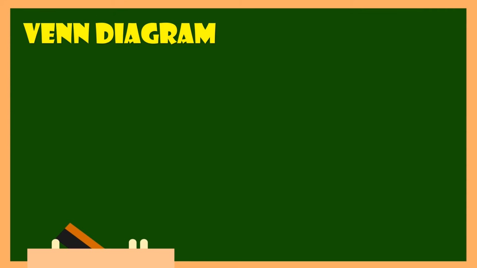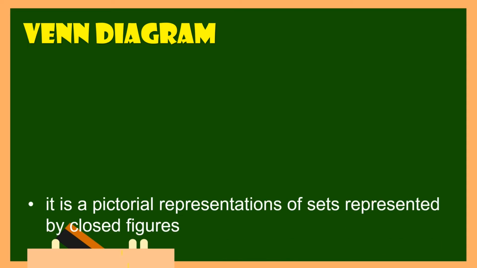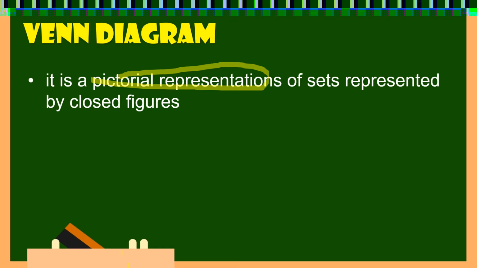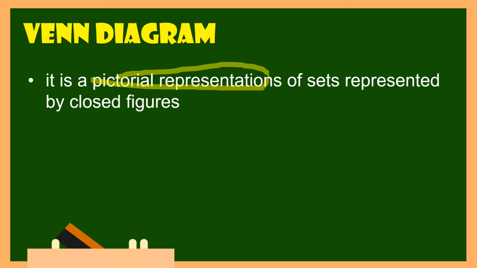Okay, let's start. Let's define first what is Venn diagram. So, Venn diagram is a pictorial representation of sets represented by closed figures. As we all know, when we say sets, it is a collection of distinct objects or elements.